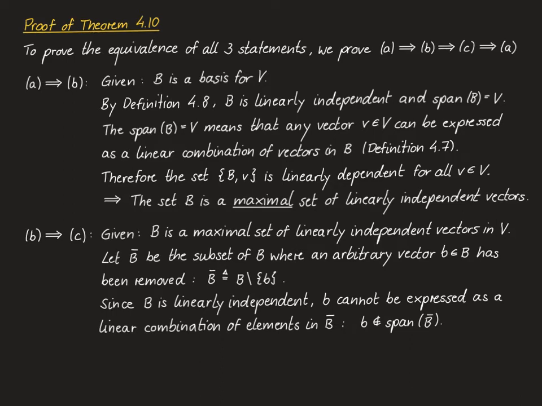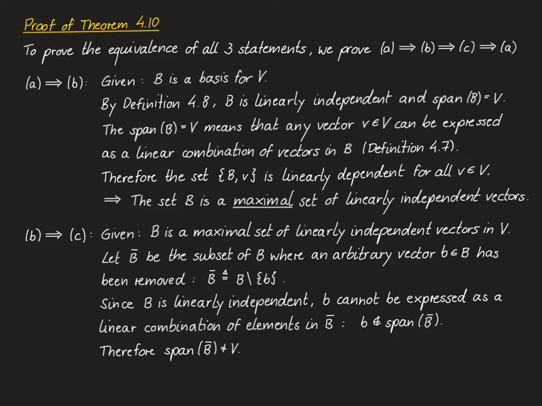Since by assumption B is linearly independent, the vector b cannot be expressed as a linear combination of elements in B bar, or written differently, b is not in the span of B bar.